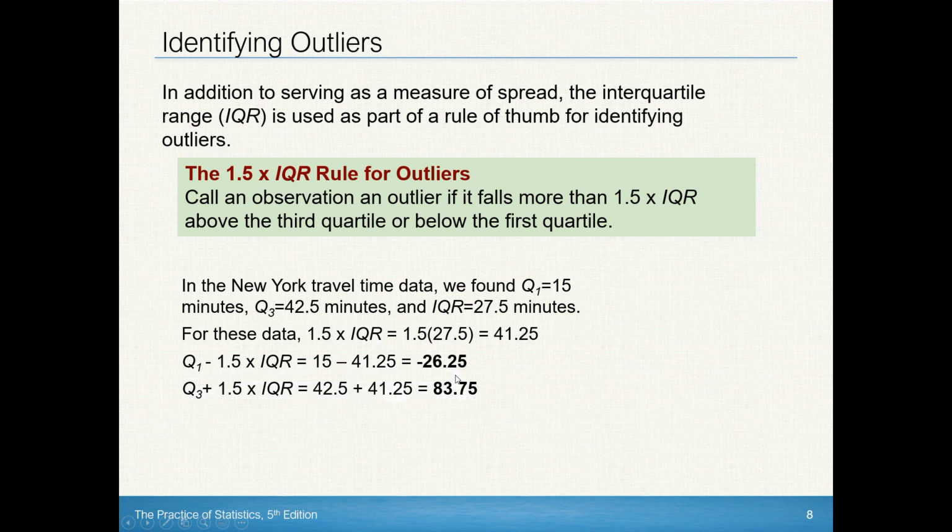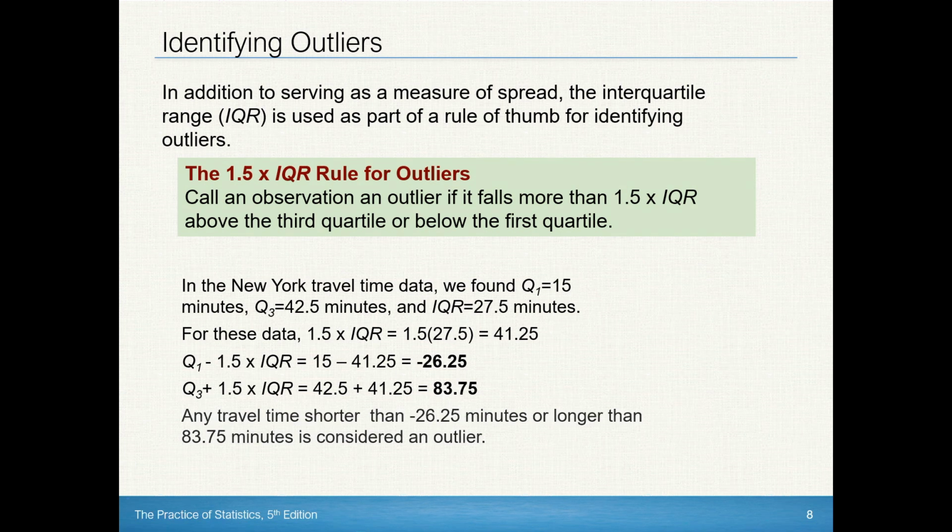These are sort of bounds on what Tukey thought might be typical data. So if we had points that were outside of that range, he thought that would feel like it was too far out and would therefore be an outlier and worth considering. Perhaps there's some reason why that number looks pretty different than the rest of the data.